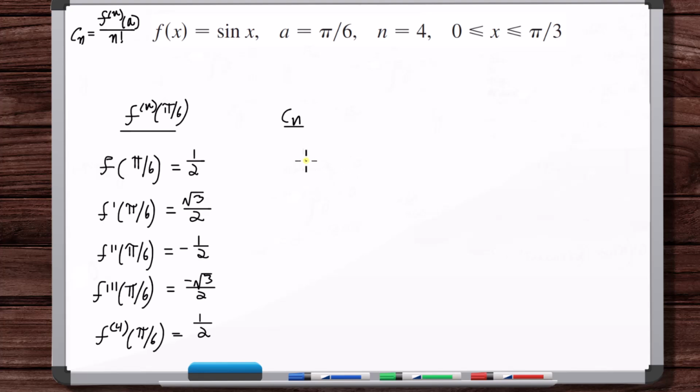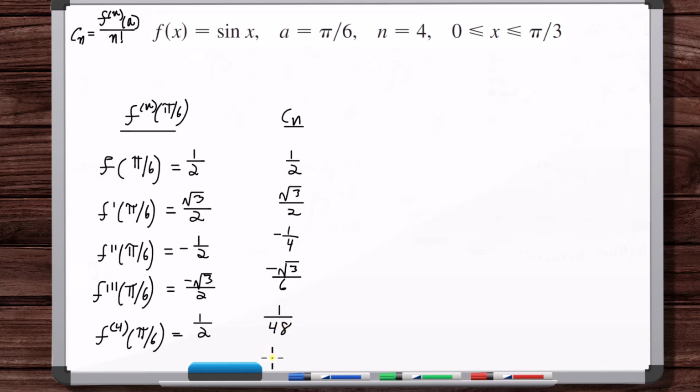So we've got this divided by 0 factorial, this divided by 1 factorial, this divided by 2 factorial, this divided by 3 factorial, and then this divided by 4 factorial. 4 factorial is 24. 24 times 2 is 48.